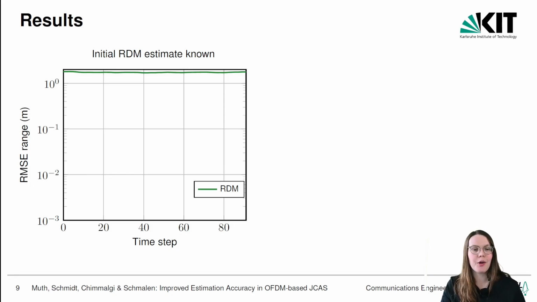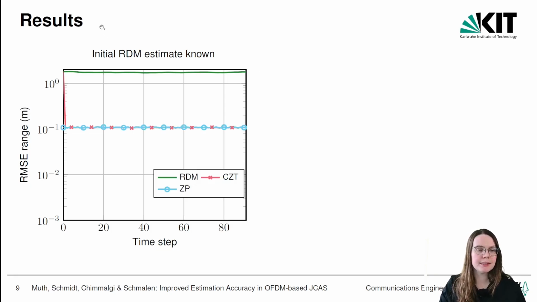And then if we also add interpolation, we can see that we get from about 1.7 meters RMSE down to 10 centimeters. And as said, these interpolations give exactly the same result as long as my CZT window is on my peak. In the first time step, we take the RDM estimate as an initialization, because we need some part of the system to tell us where we should zoom.